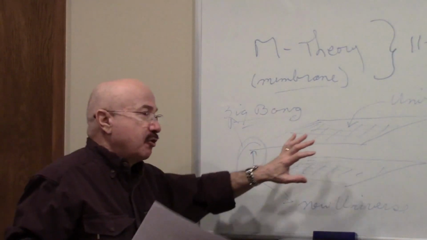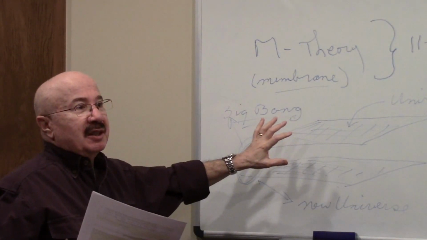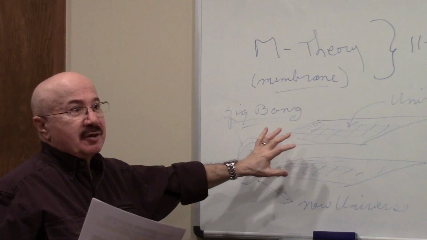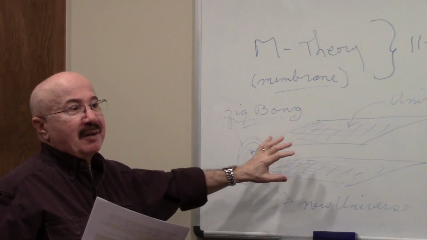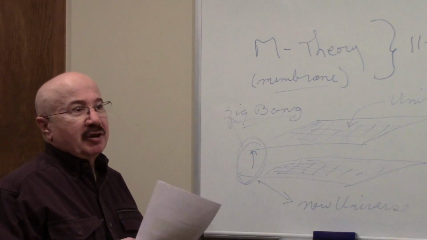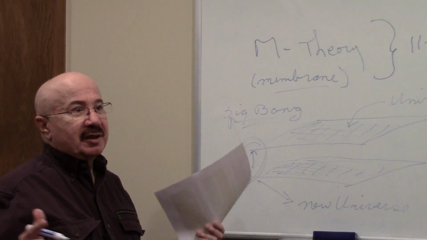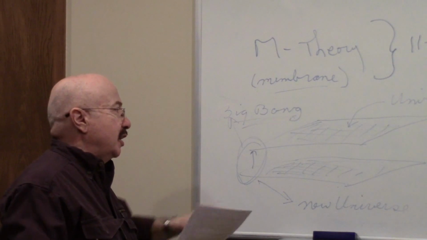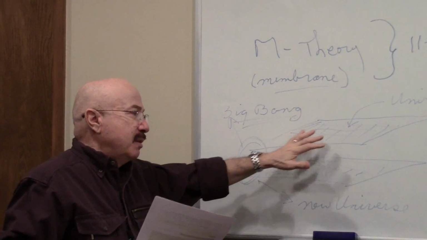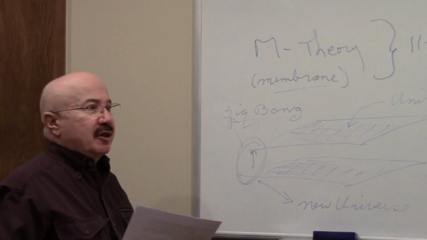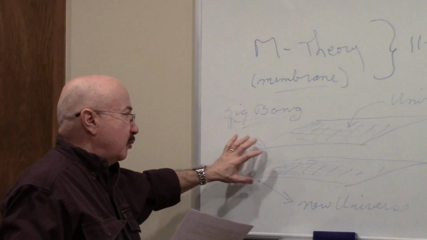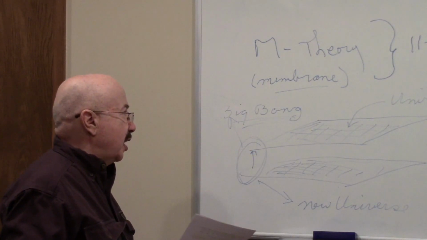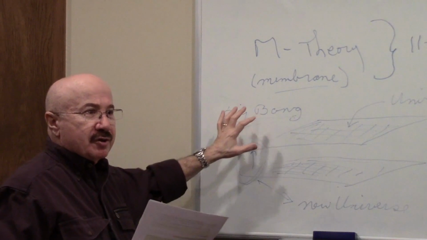The first problem that physicists have with this is that it's not provable. We are unable to see these one-dimensional vibrating strings. We are unable to see the membranes. We are unable to prove that when membranes collide, they create new universes.